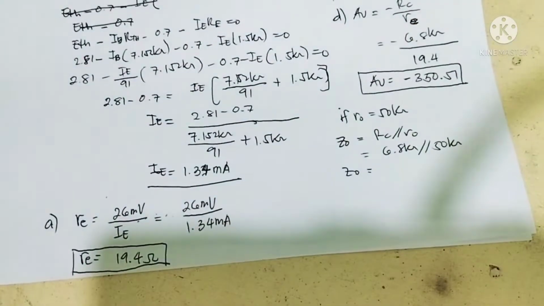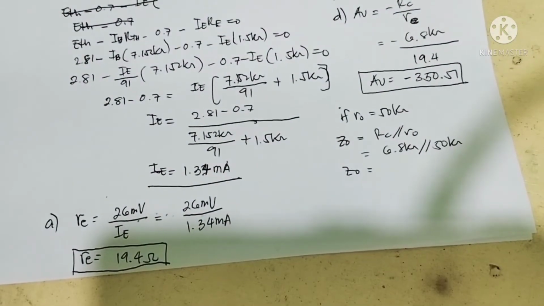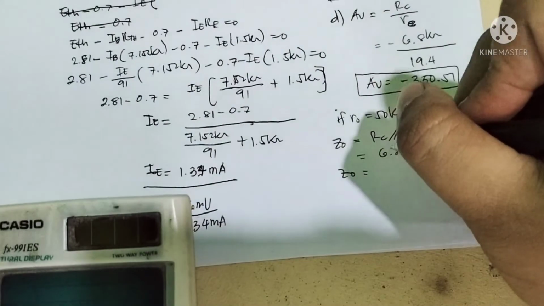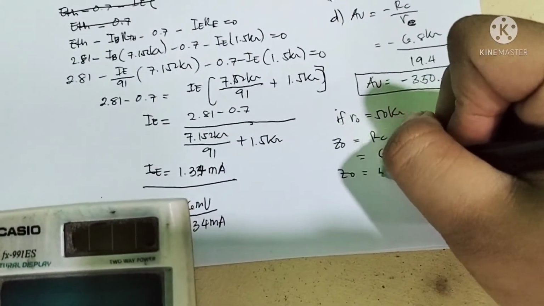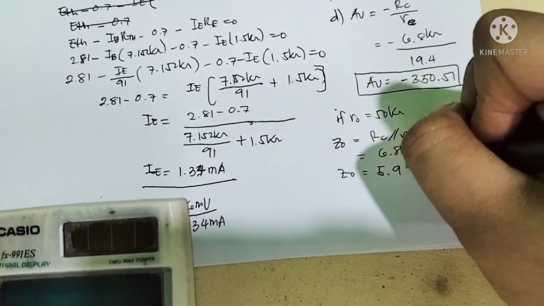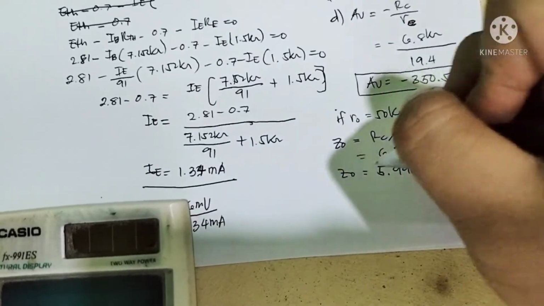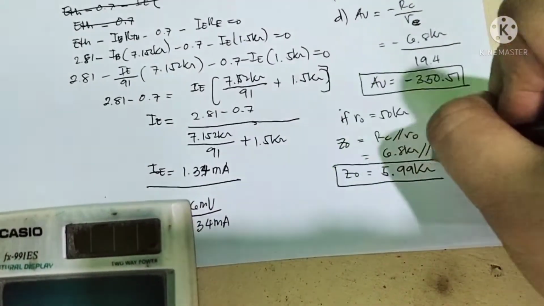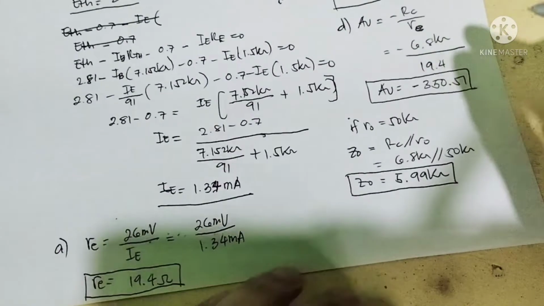So Z out is equal to 1 over 6.8K plus 1 over 50K, so this is 5.99 kilo ohms. How about the voltage gain?